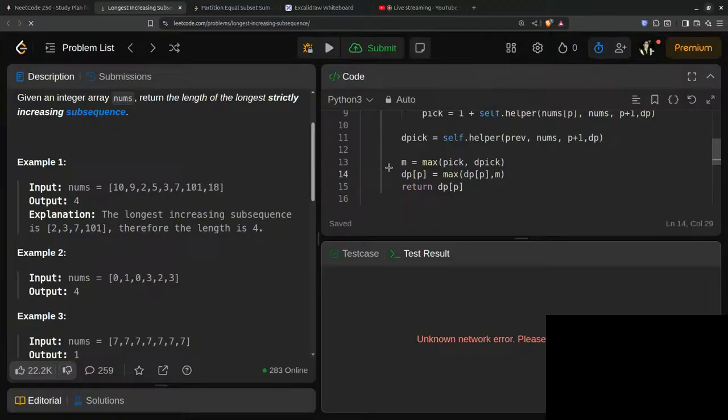For some reason, one of the don't pick scenarios gives me the longest increasing subsequence, and when I'm considering don't pick, shouldn't I compare it with each of them? See, like this.